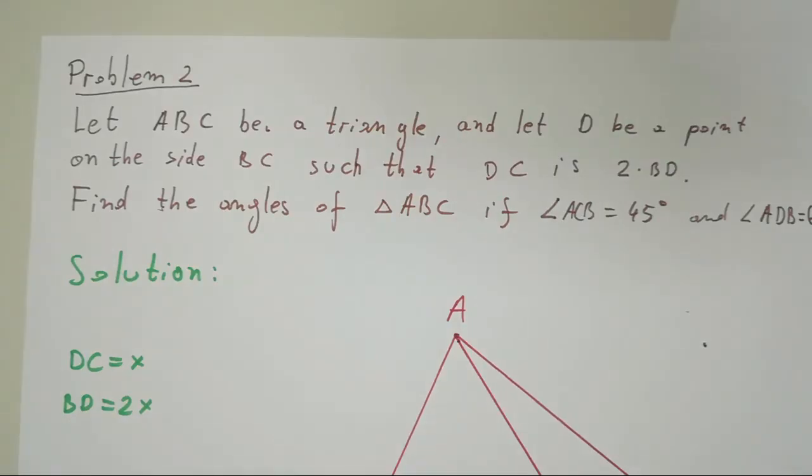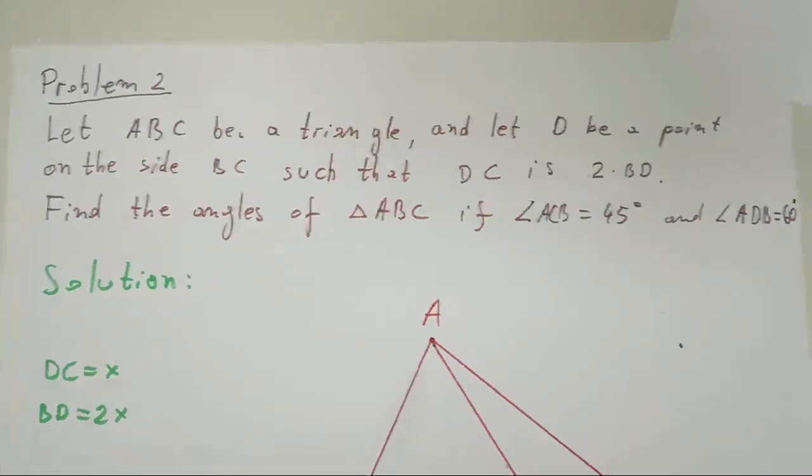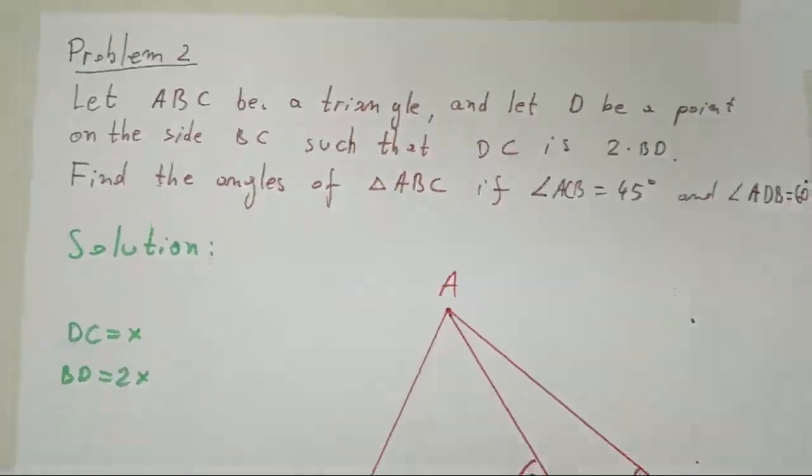Let ABC be a triangle and let D be a point on the side BC such that DC is twice BD. Find the angles of the triangle ABC if it's given that the angle ACB is 45 degrees and ADB is 60 degrees. Copy the problem, please.